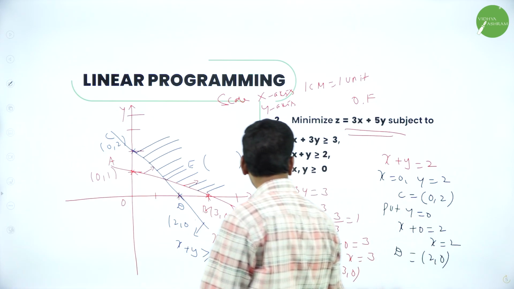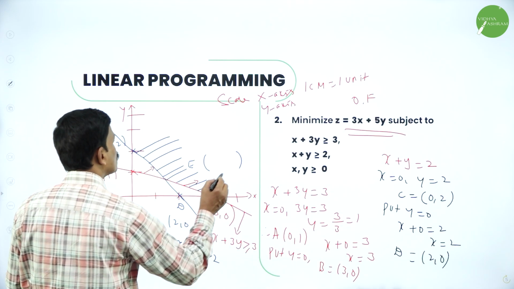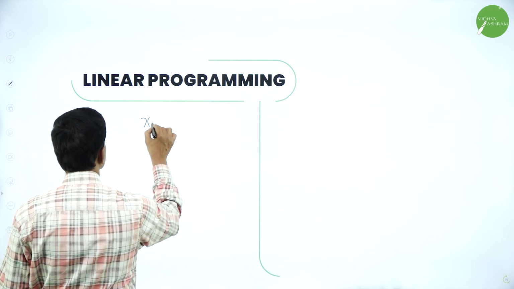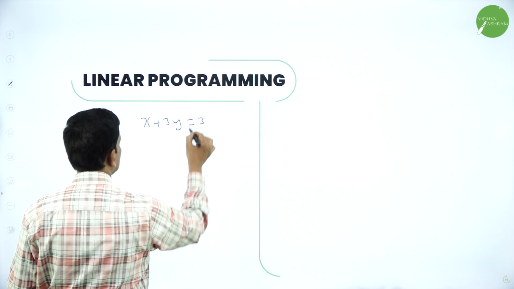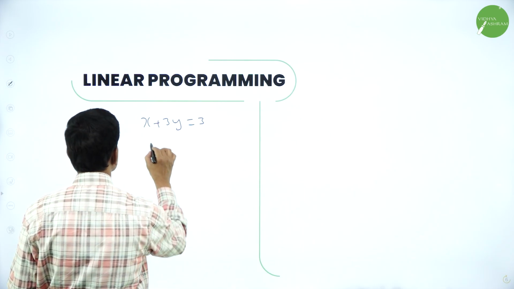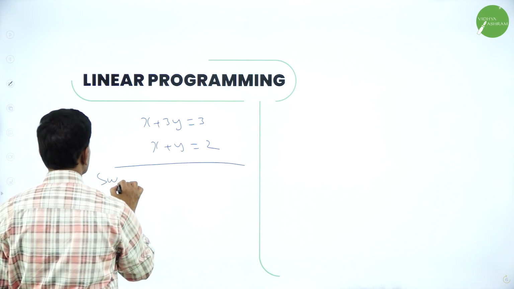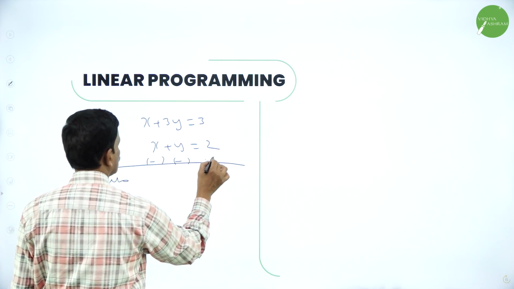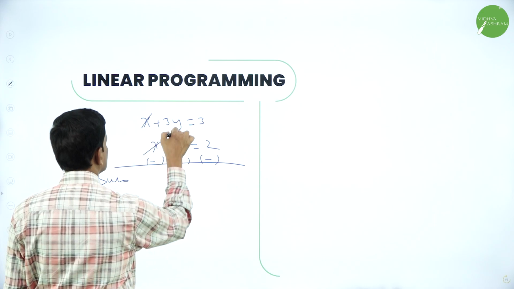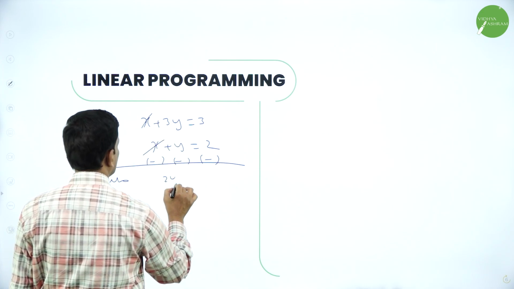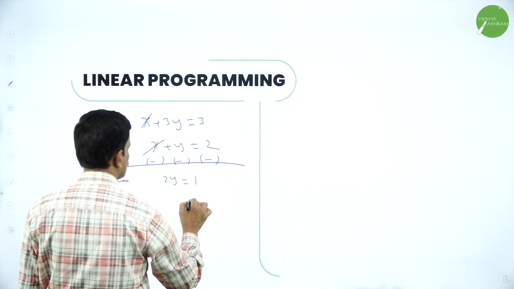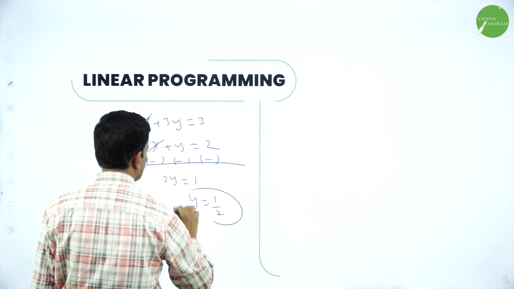Now solve this equation. From x plus 3y is equal to 3 and x plus y is equal to 2, let us subtract. This becomes minus, minus and minus. x gets cancelled. 3y minus y is 2y, which is equal to 3 minus 2, which is 1. y is equal to 1 by 2.